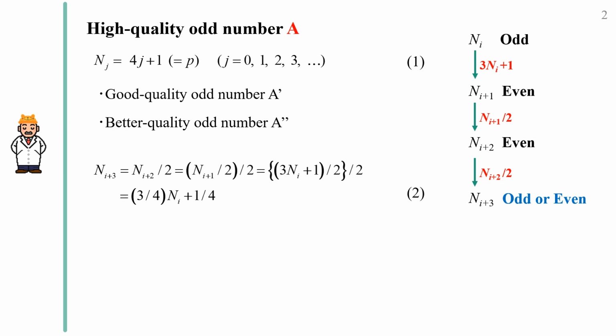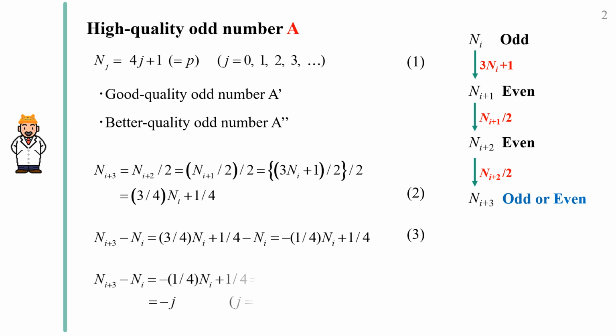Therefore, the difference between the final value and the initial value is given by the next expression. Substituting equation 1 into equation 3 gives the following result. Since j is a positive integer, n_(i+3) is always smaller than n_i.